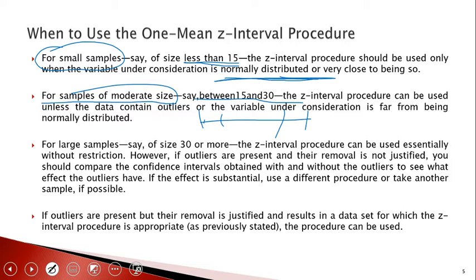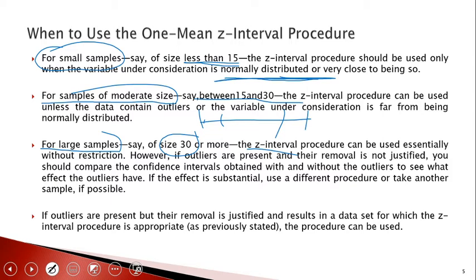For large samples, I don't think it's a problem. For large cases, something like sample size 30 or more, you can simply approximate your sample as normally distributed, then use confidence intervals. In that case, if you have outliers, you can simply forget about them if they do not harm your calculations.